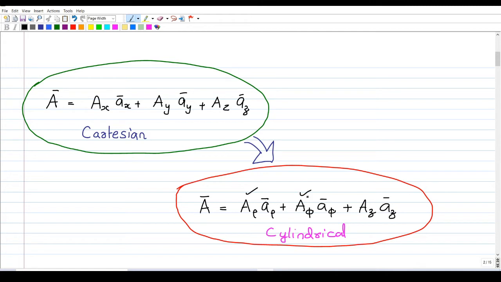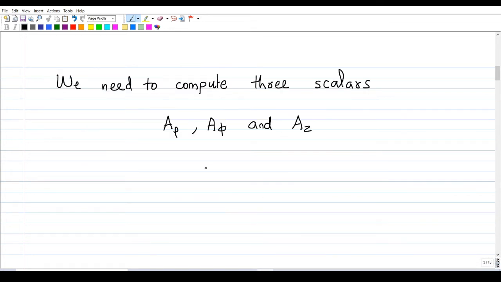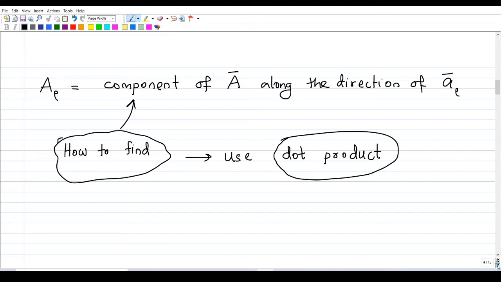Capital A phi will be the component of A vector along the direction of small unit vector a phi, and capital Az will be the component of A along az direction. So our problem is to determine these three scalar values: capital A rho, capital A phi, and capital Az. Okay, so we need to compute these three numbers. So let us see how to compute those things.